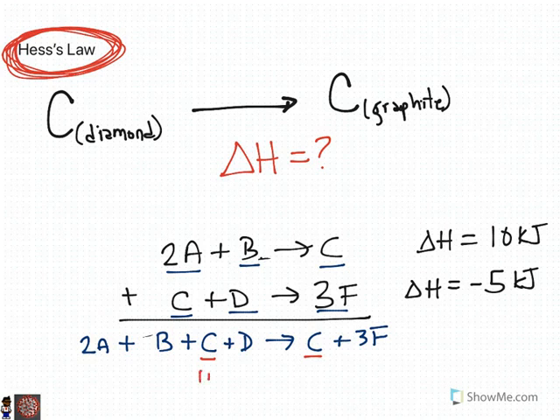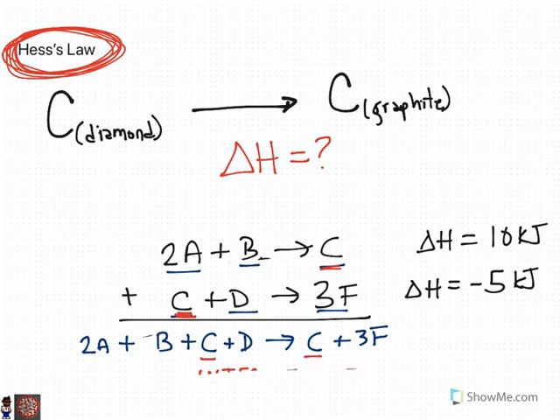It's called an intermediate. So basically, it's a substance that gets produced in a reaction, but then it gets used up a little bit later before the final reaction's over. So it doesn't come out in the overall reaction.